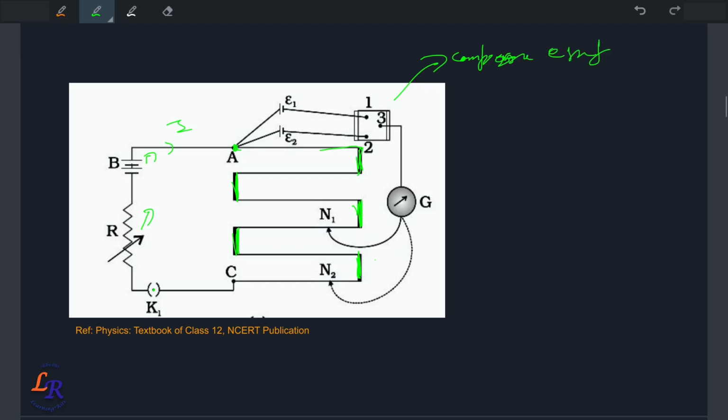This arrangement is used to compare EMFs of cells. You have a two-way switch which is utilized for connecting the cells. Let's say this is one standard EMF which you know, and the one which you want to determine, and there is a galvanometer connected with this two-way switch.